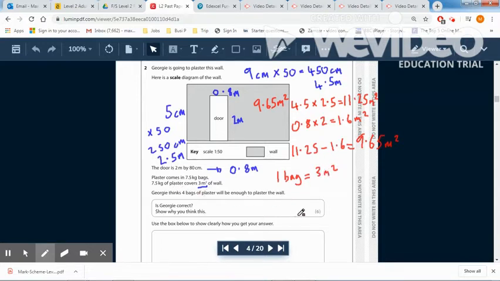So 4 bags is going to cover, just times this by 4, 12 meters squared. So she needs to cover 9.65 meters squared. 4 bags covers 12 meters squared. So is she correct? Yes. There's a lot of marks on top of that. That's 6 marks, but there's loads of stuff going on.